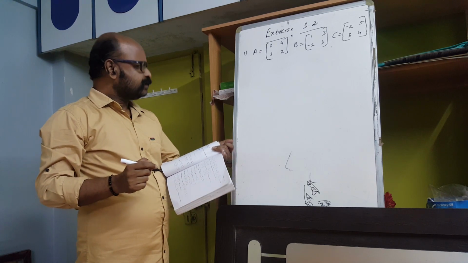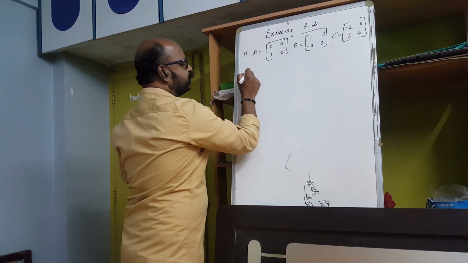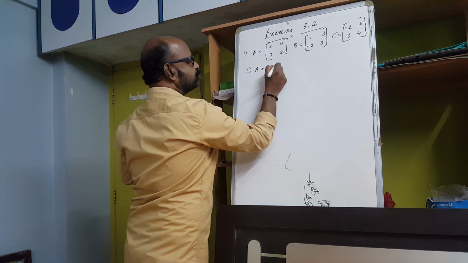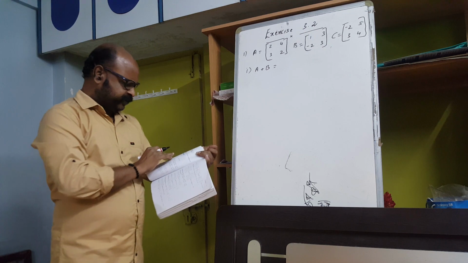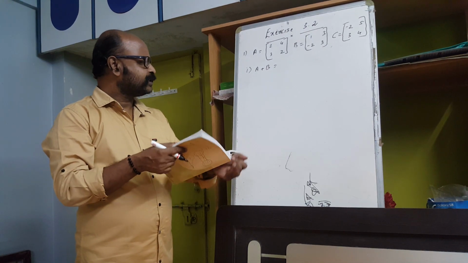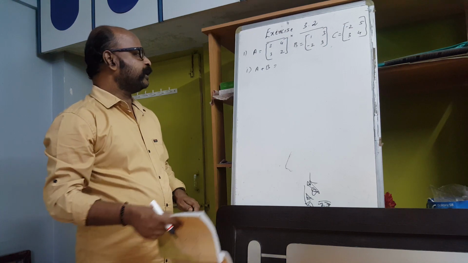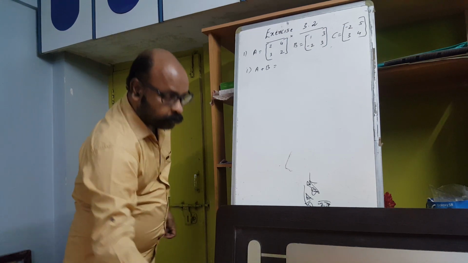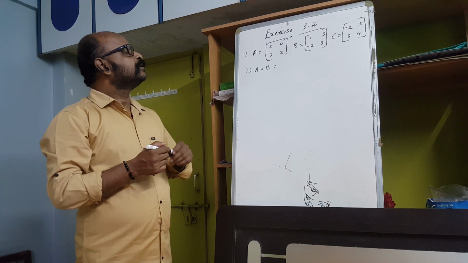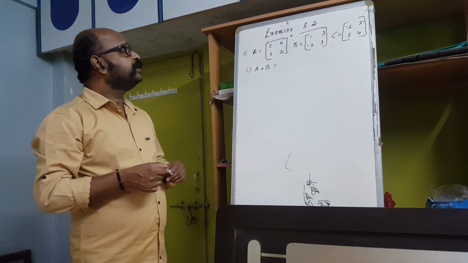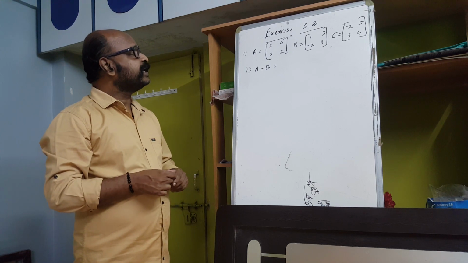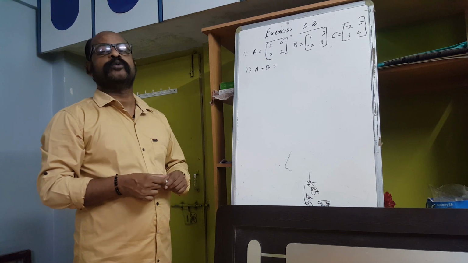We have to obtain, first, A plus B. The question has a few different parts, so we just do the parts one by one. First we have to obtain A plus B. The sum A plus B is possible only when the matrices A and B are of the same order.